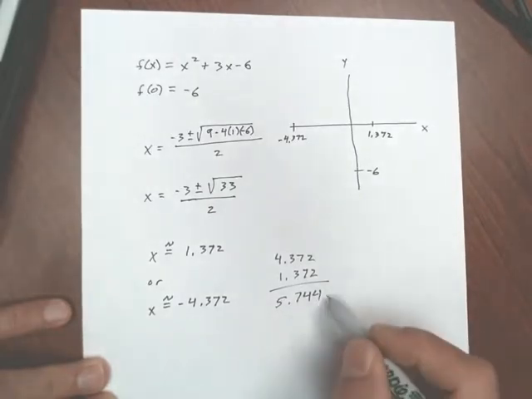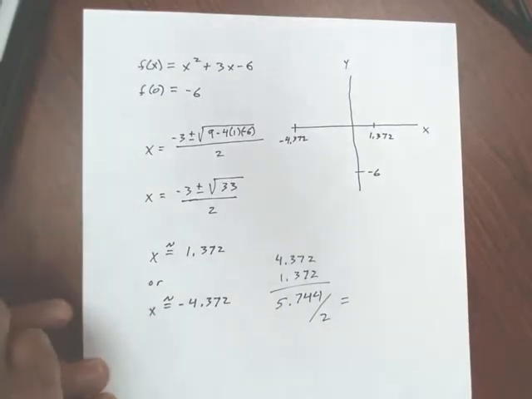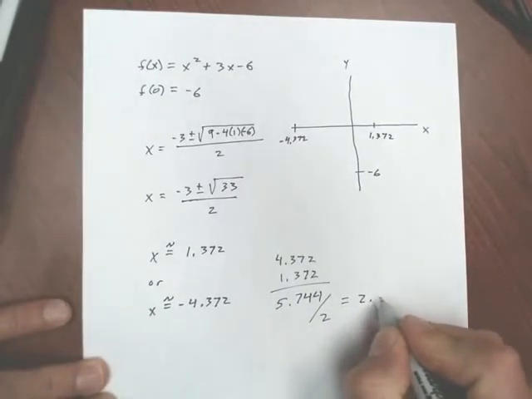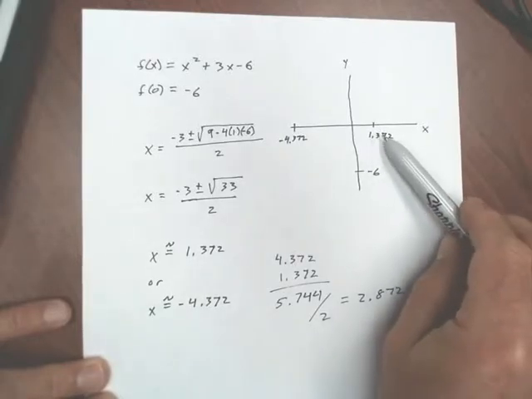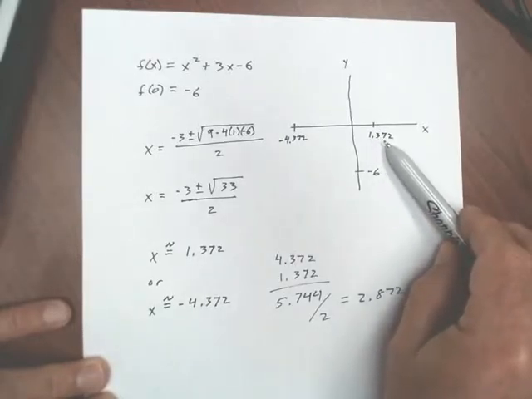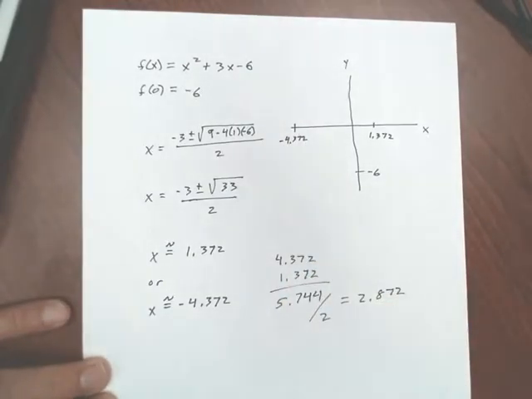If we divide that by 2, we get 2.872. Okay, now what do we do with this? Well, we can either subtract this from 1.372 or we can add it to negative 4.372.